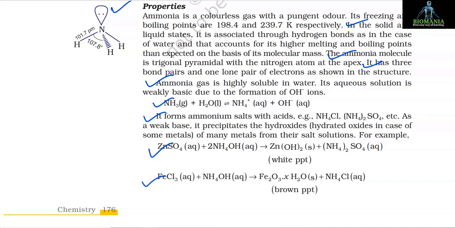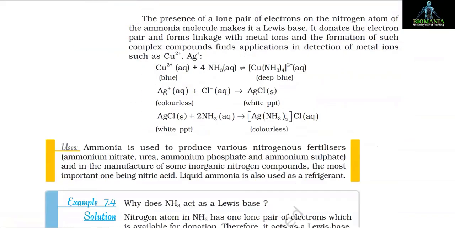Next reaction is FeCl3 + NH4OH gives Fe2O3.xH2O + NH4Cl, and here the Fe2O3.xH2O precipitate color is brown. The presence of a lone pair of electrons on the nitrogen atom of the ammonia molecule makes it a Lewis base. It donates the electron pair and forms the linkage with metal ions, and the formation of such complex compounds finds application in detection of metal ions such as copper ion, that is Cu2+, and Ag+.